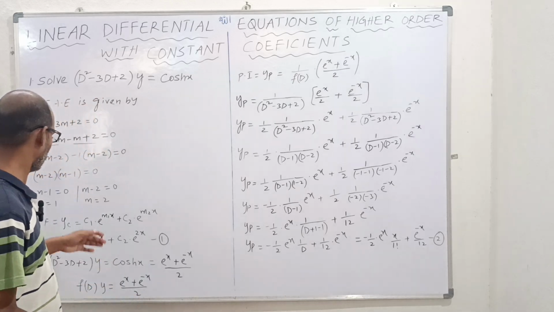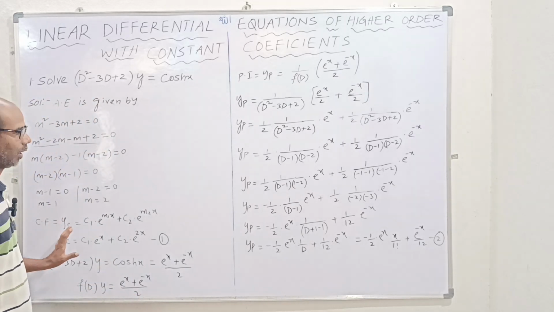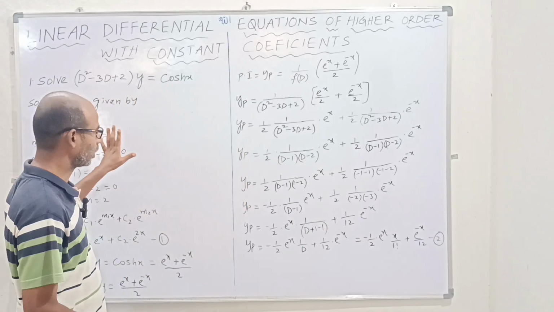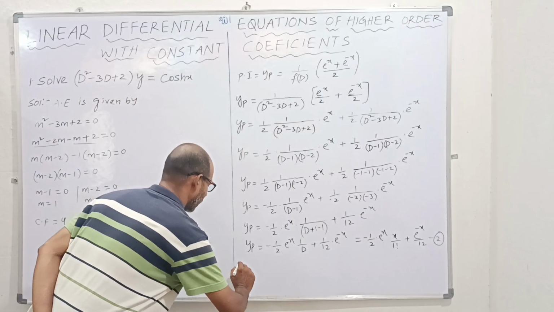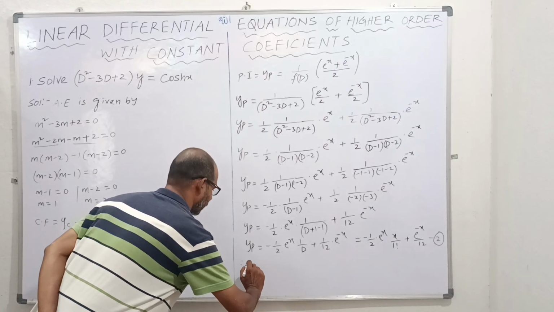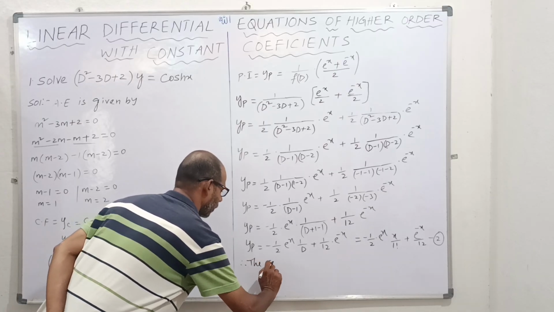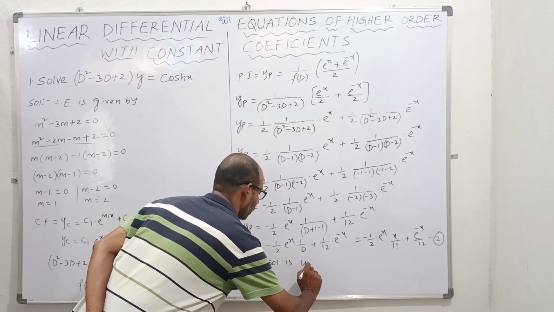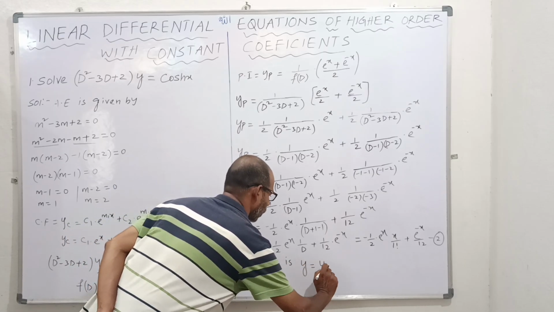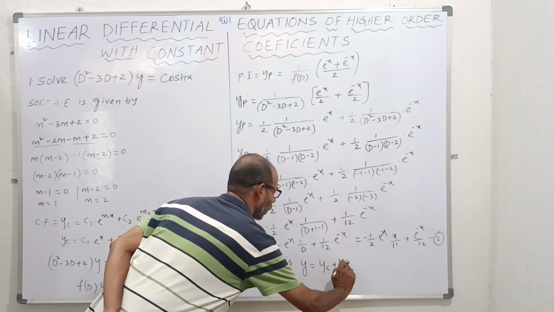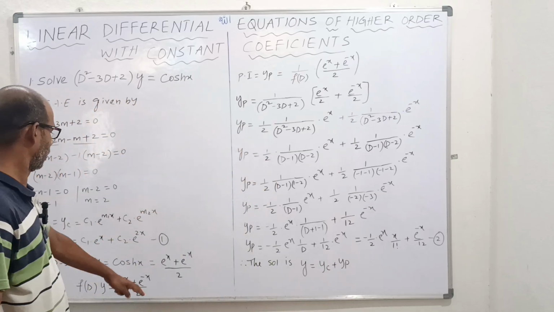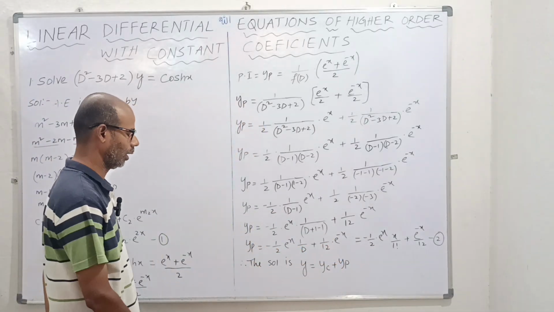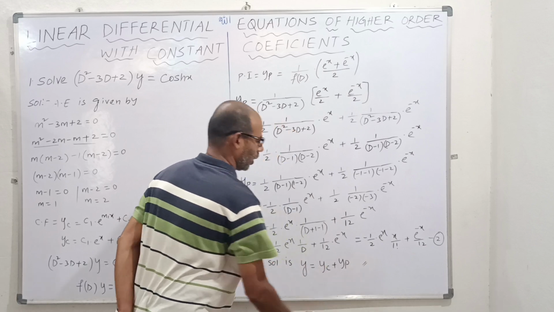Now we have found the complementary function, that is yc, and we have found the particular integral. So what is the total solution? So therefore, the total solution is y is equals to yc plus yp. So we have to add equation 1 and equation 2, to get the total solution, right?